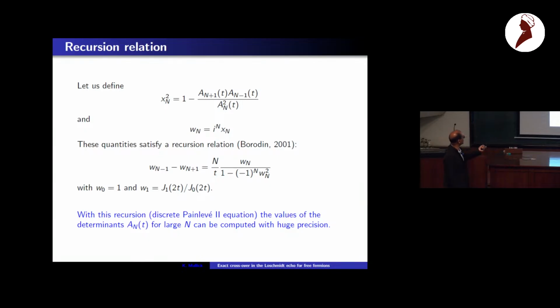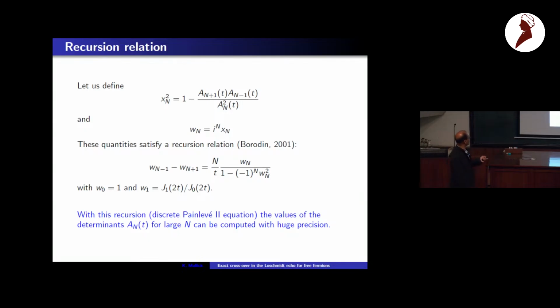By the way, this recursion relation has a name. It's called the discrete Painlevé II equation, and it means that underlying the structure of this determinant, there is some hidden integrability.